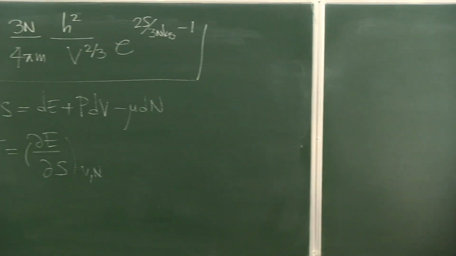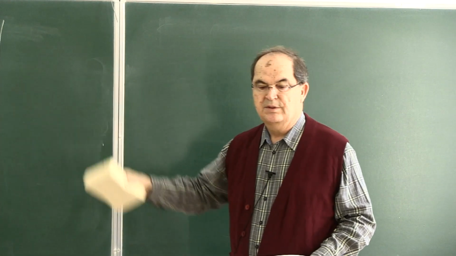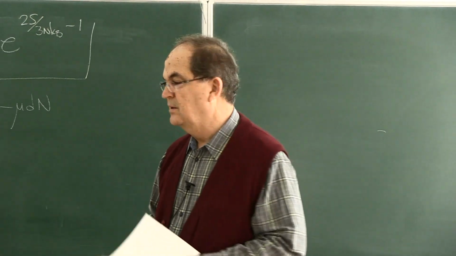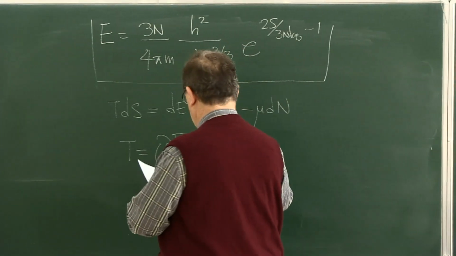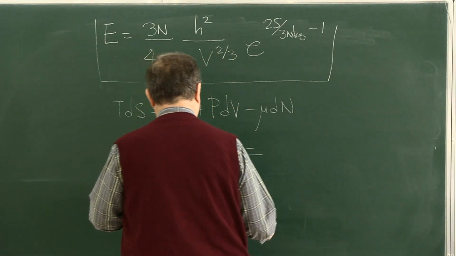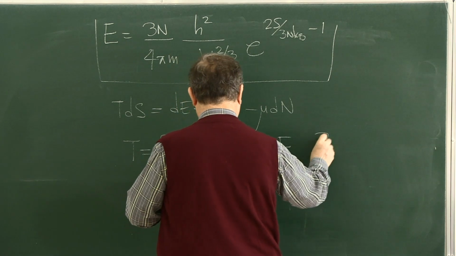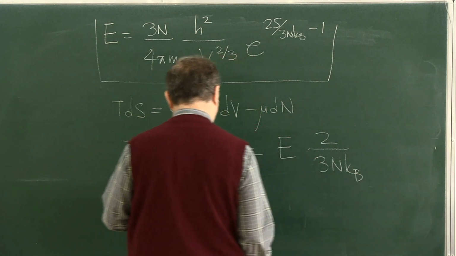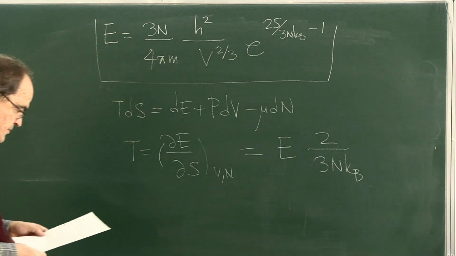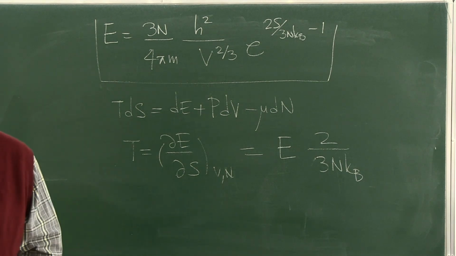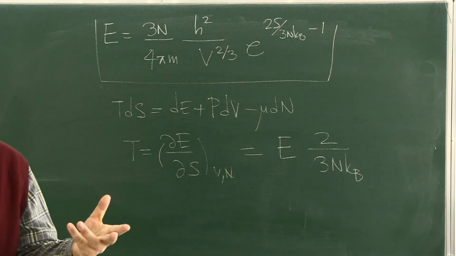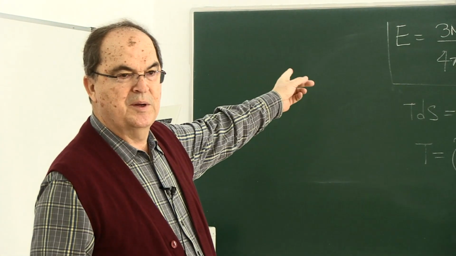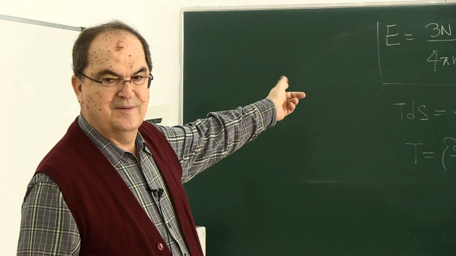Well, the derivative of an exponential is very easy. What is in the exponent comes down. You have the exponential again. So this gives you E times 2 over 3nkB. Since you are going to get the exponential back, you are going to get the exact expression there, isn't it?